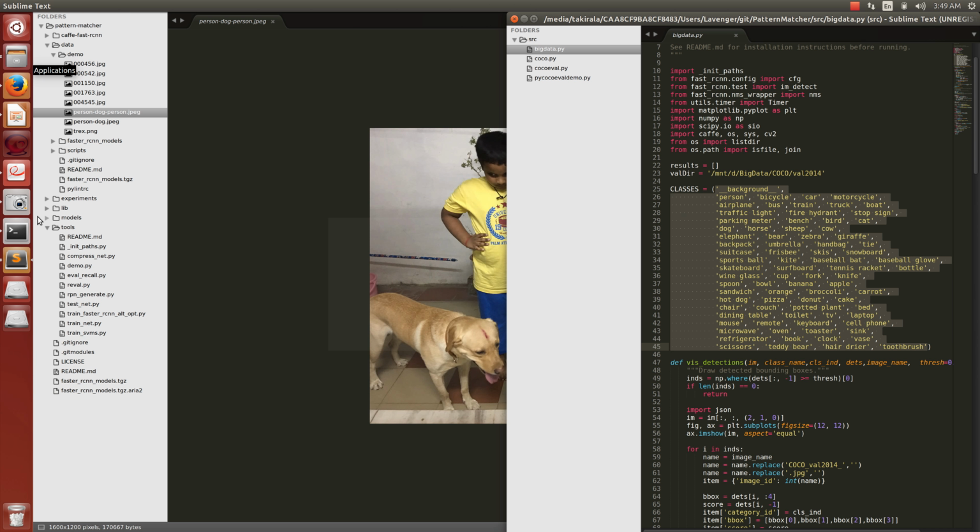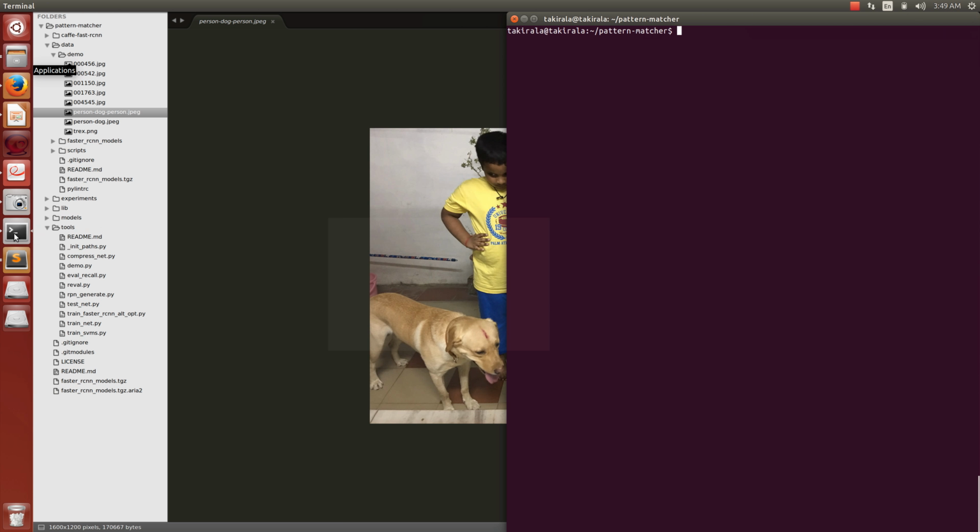So let's get the code running so that we can have some actual results to discuss. Right now I'm in the pattern matcher directory, and my code is in demo.py. There are 2 modes to run this code: one is CPU-only mode, and the other is GPU mode.